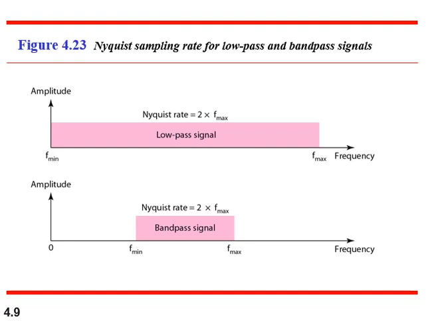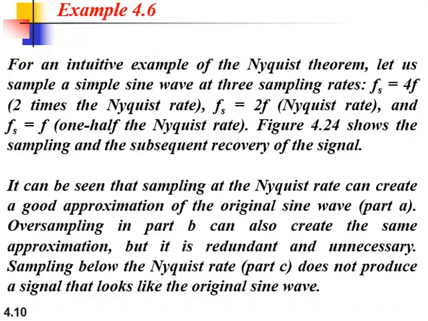So when you compare these two graphs, you can see the Nyquist rate is twice the maximum frequency, that is the usual Nyquist rate. It should be at least twice the highest frequency. Whereas in the band pass signal also, you can see the Nyquist rate is at least twice the highest or maximum frequency.